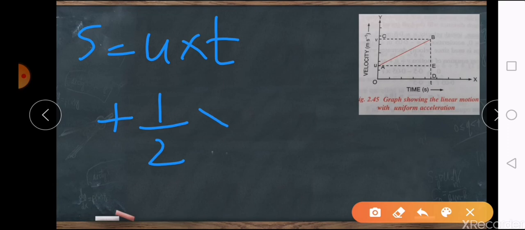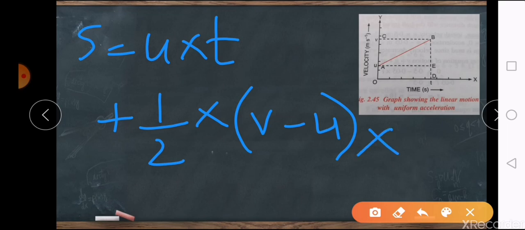Plus, for the area of the triangle, half into, instead of BE, it will be V minus U, which we have already explained how you got as V minus U. Then the height AE is again time T. So this is what you get when you replace it.